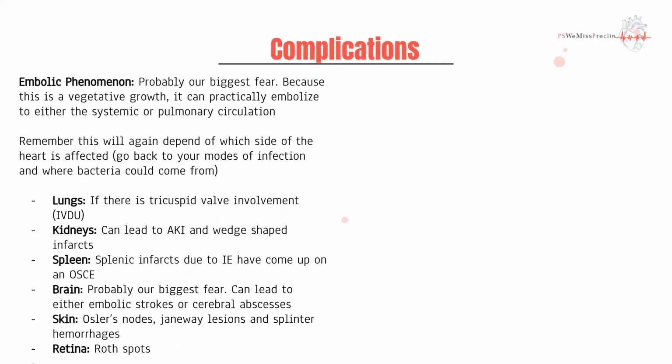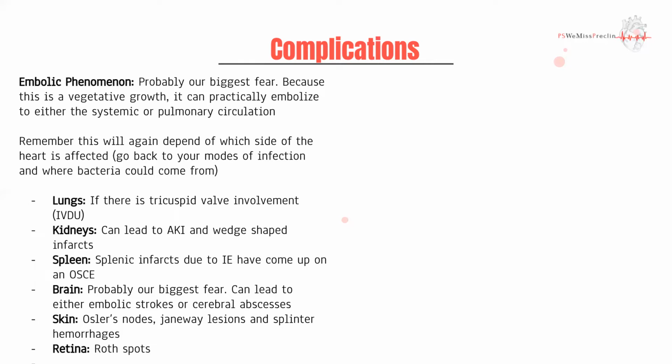Now, unlike other cardiac pathologies like AFib that put you at risk for these events, this is going to be a bit more severe. As you know, our primary concern with AFib is that of stroke, because the parts that are contracting poorly are often the atria, specifically the left atrium, that is going to flick off clots to the brain. However, with infective endocarditis, because the vegetative growth is so widespread and it can be in any heart chamber, the parts of the body where these clots can go is going to be much more widespread.